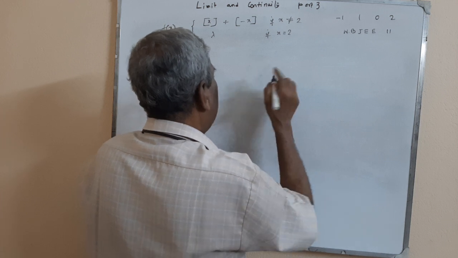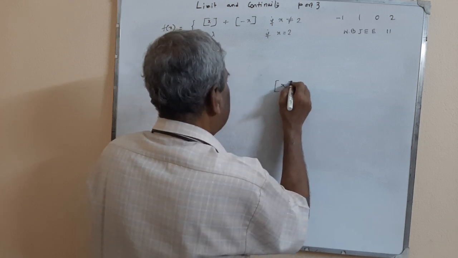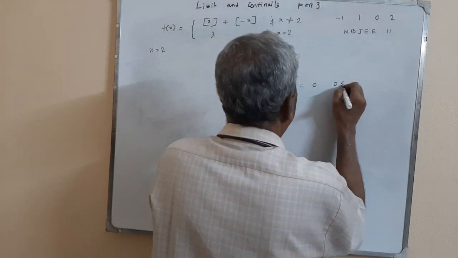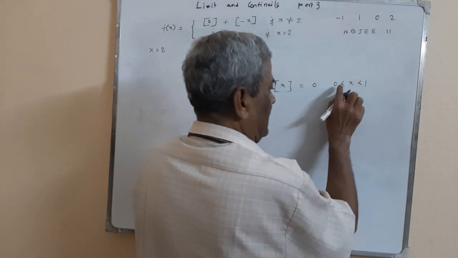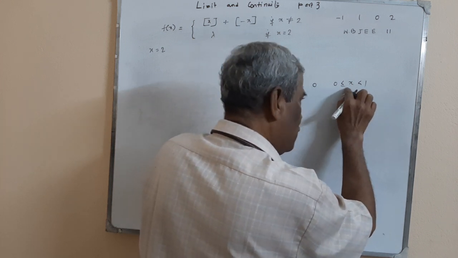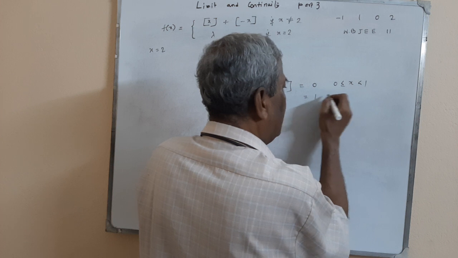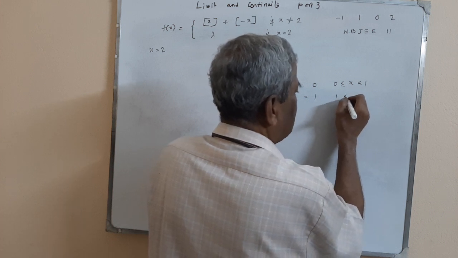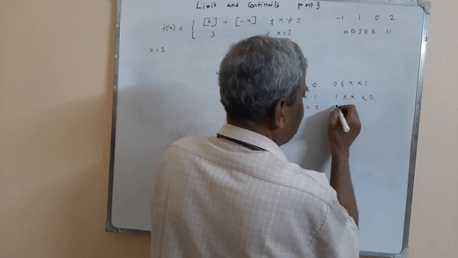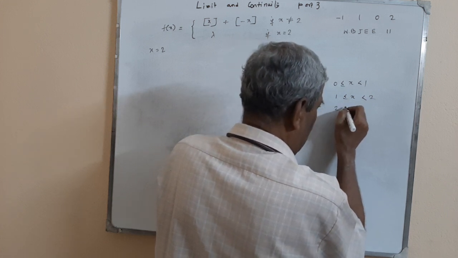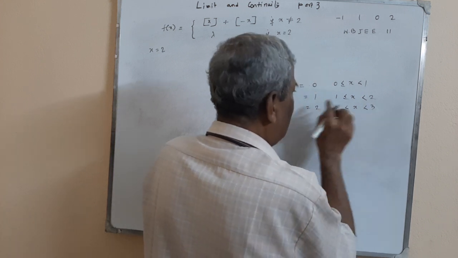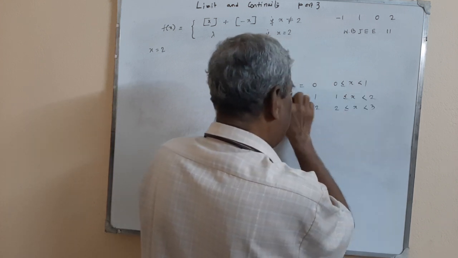You see, integral part of x is equal to 0 if x lies between 0 to 1. It is equal to 1 if 1 is less than or equal to x less than 2. It is equal to 2 if x is from 2 to 3. That part is actually the integral part.